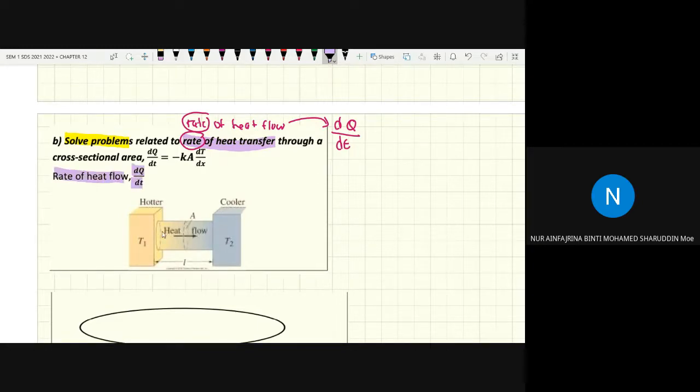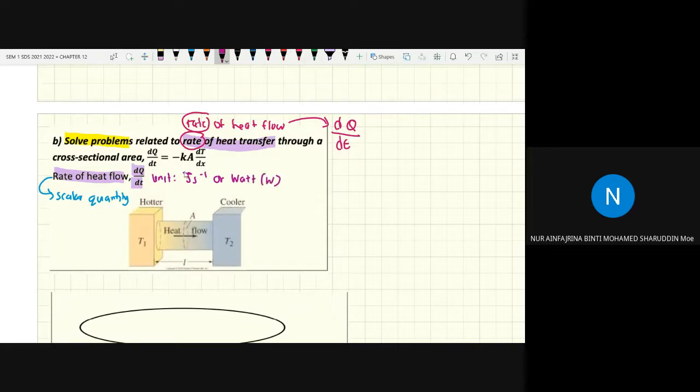So, as you can see, rate of heat flow ini sebenarnya dia adalah scalar quantity. So, maksud scalar quantity, dia cuma ada magnitude. Dia tak ada direction. Dan unit untuk rate of heat flow, unit dia adalah joule per second or watt.